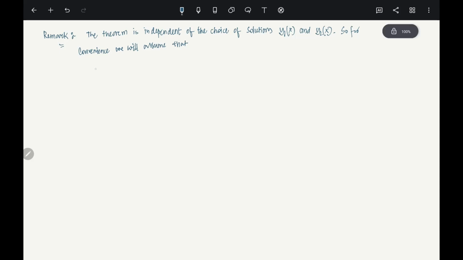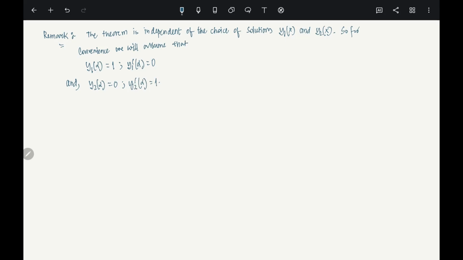So for now we will assume that y1 at the point alpha is 1, y1 prime at the point alpha is 0, and y2 at the point alpha is 0, y2 prime at the point alpha is 1. Is this okay?